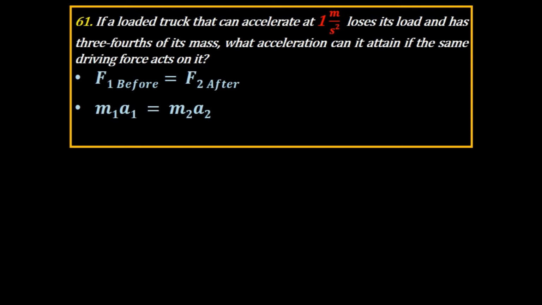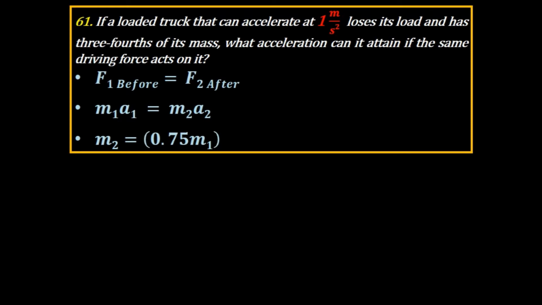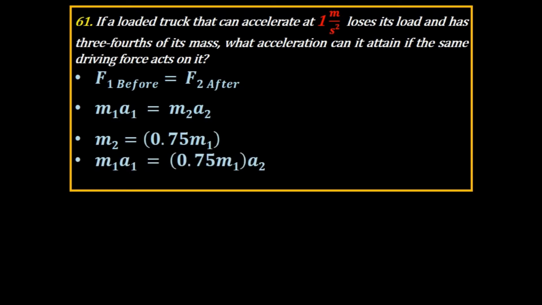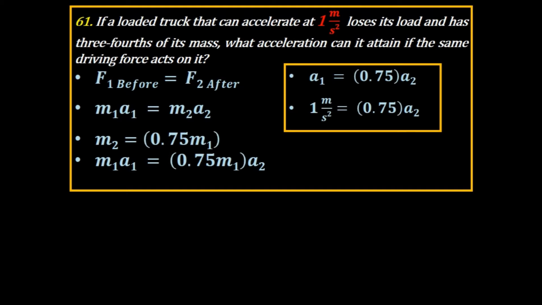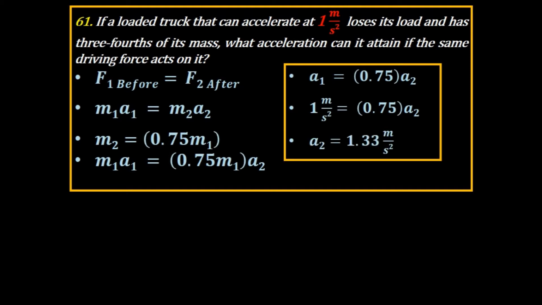Now remember, M2 is going to be 0.75 of M1. Then the M1's are going to cancel, and you're left with A1 equals 0.75 A2, and then you're going to plug in for A1 and divide through, and you're going to get 1.33 is going to be A2.